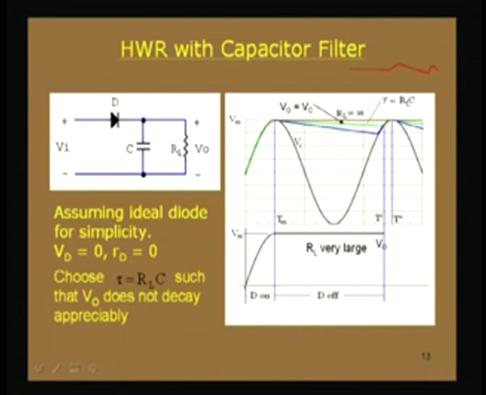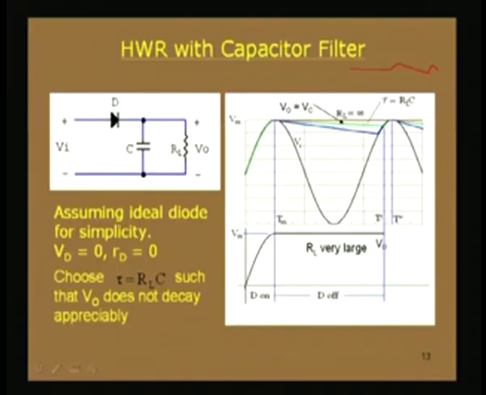Now, how much value should we choose? The time constant should be such that it should not decay appreciably when you consider the time period of the input voltage. If the input voltage has a time period capital T, then this tau, which is the time constant for the discharging circuit, should be sufficiently large compared with this time period.